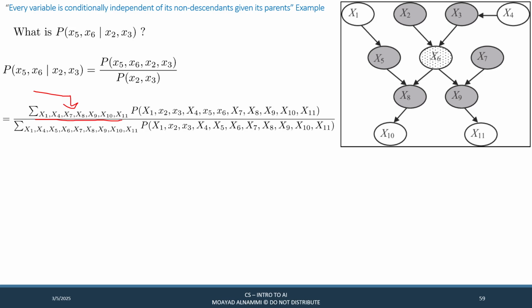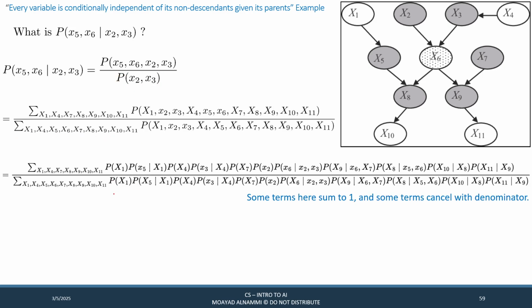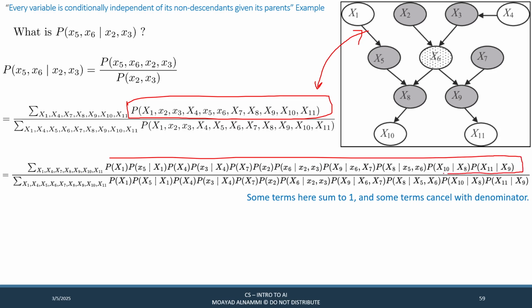These are all the hidden variables for this probability here, and these are all the hidden variables for this probability here. Then you would take this full joint distribution and look at your network, and break down the joint into the conditional probabilities of the network. This is just using the Bayesian network to deconstruct the joint.